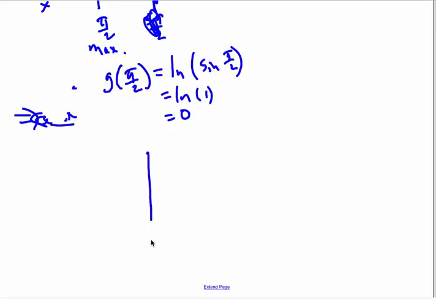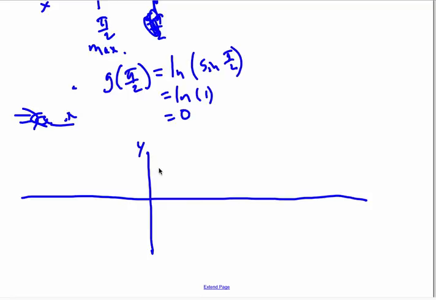So to graph the function, let's go up in multiples of pi over 2. It's pi over 2, pi, 3 pi over 2, 2 pi, and so forth.